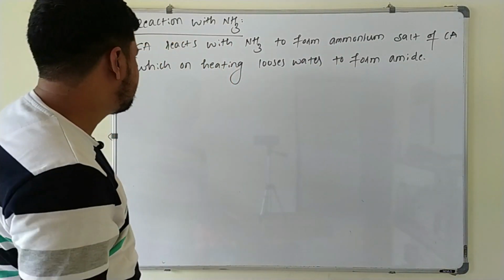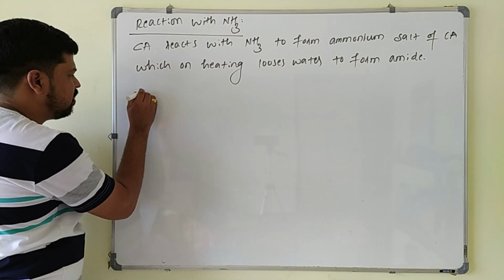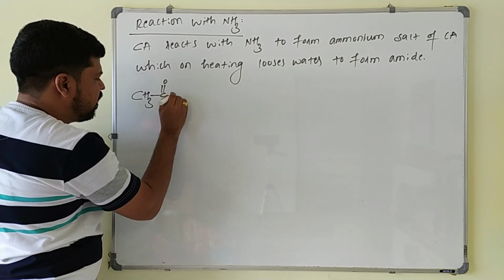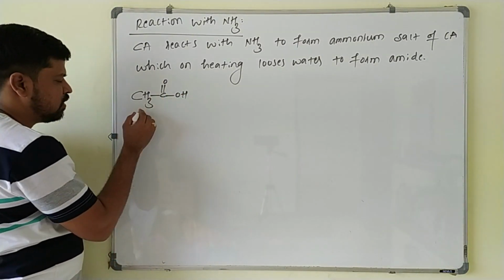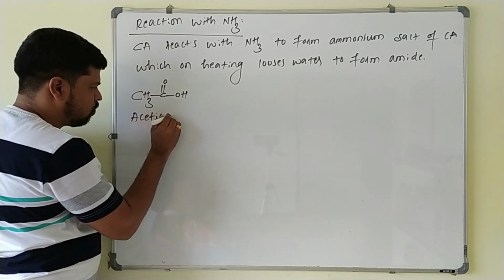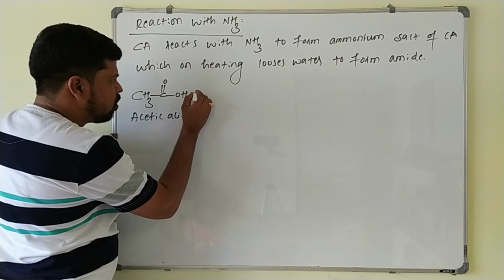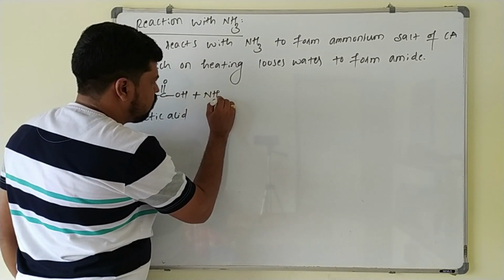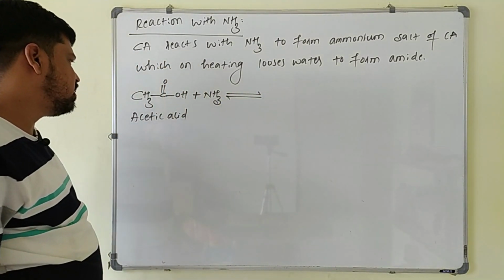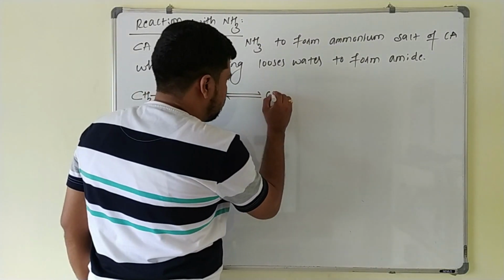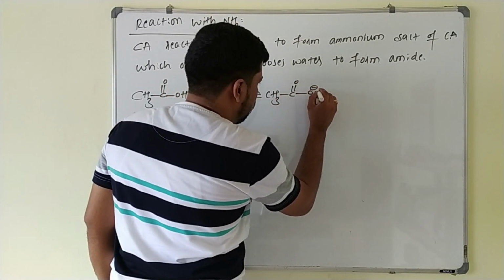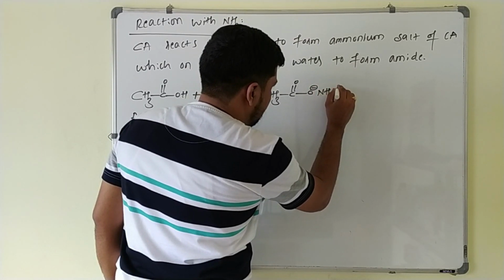For example, suppose I take acetic acid, CH3COOH. This on treating with ammonia forms ammonium salt of acid, that is ammonium acetate, CH3 C double bond O minus NH4 plus.